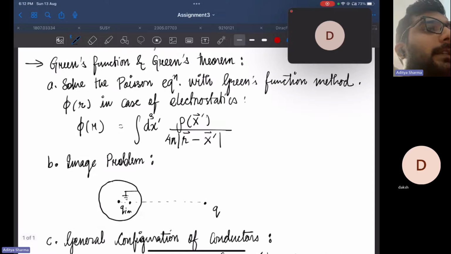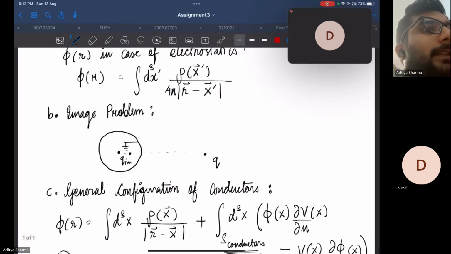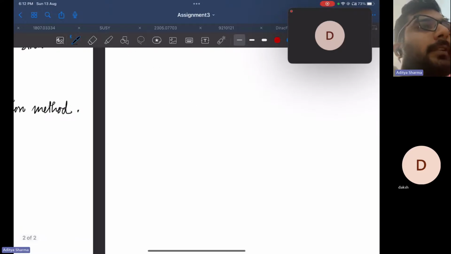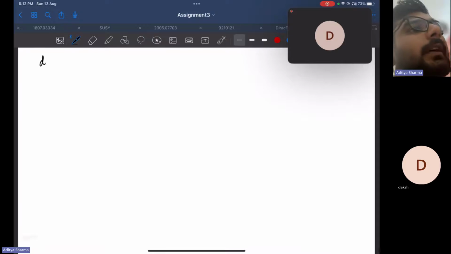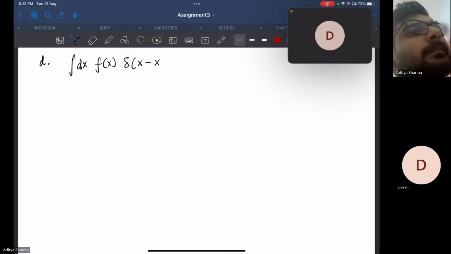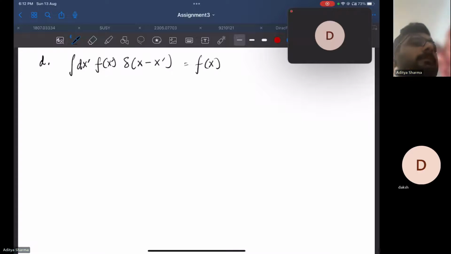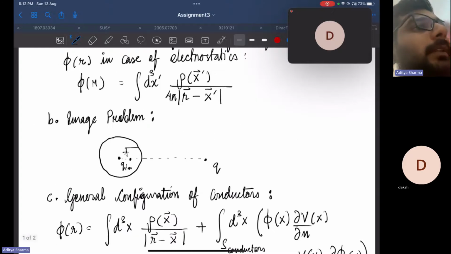This was in Green's function and Green's theorem, and we also saw an idea of this proof. Yeah, these were the main points.